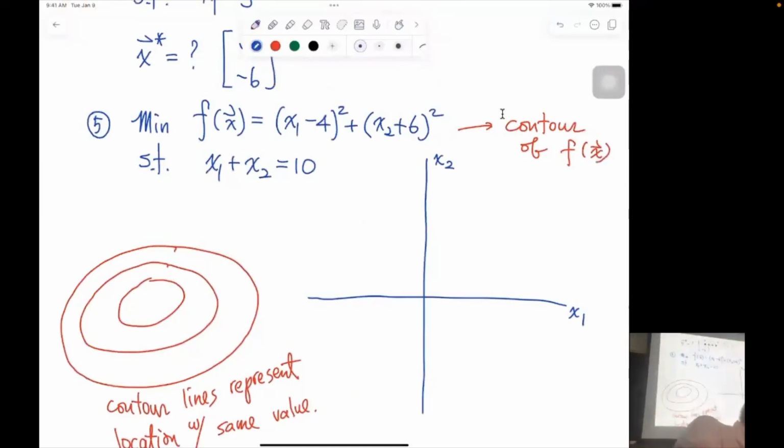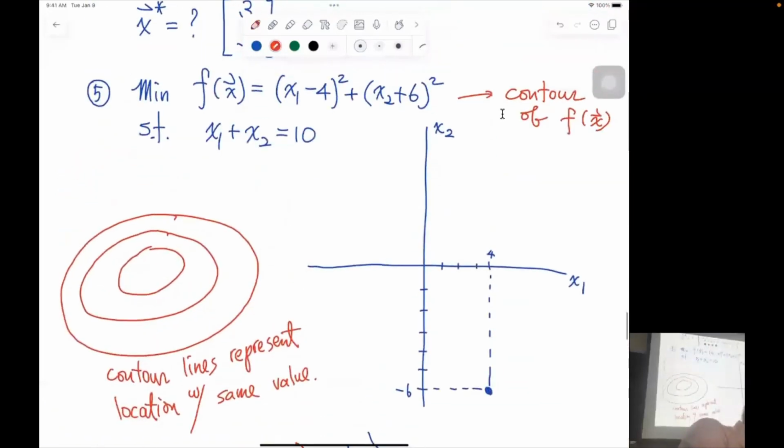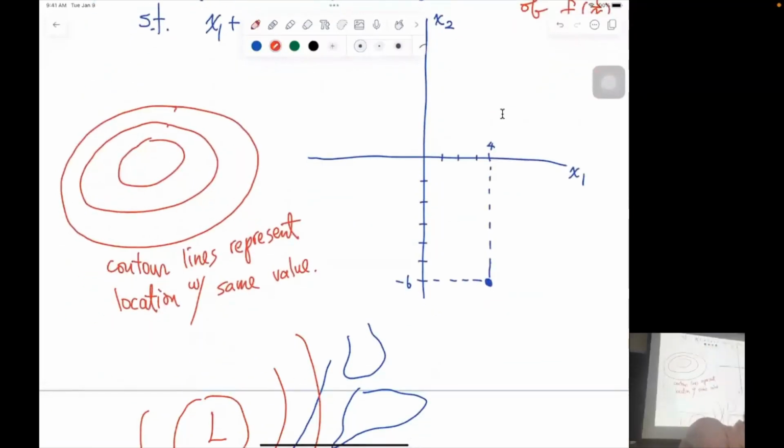So what's happening is, here is 4, and -6 is right here. So this is actually the center of the contour. The contour actually looks like a circular shape.